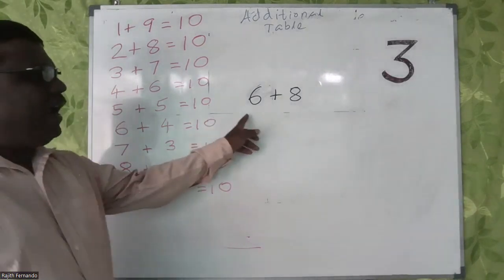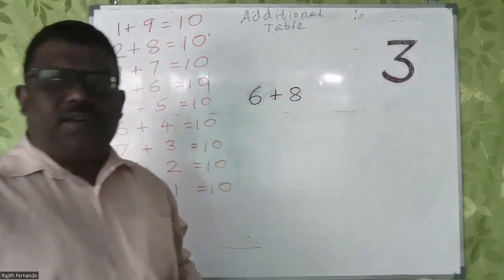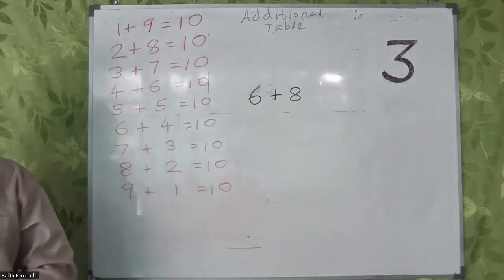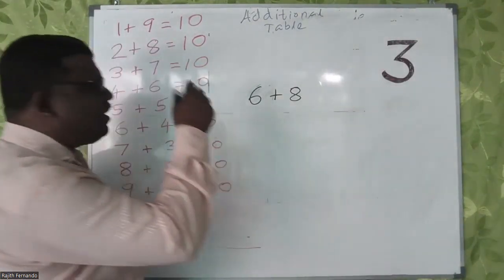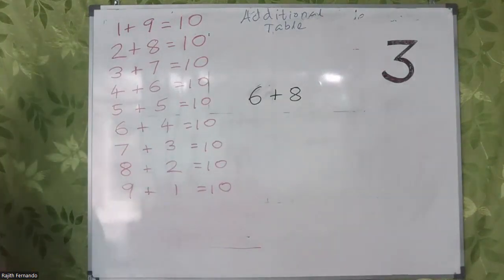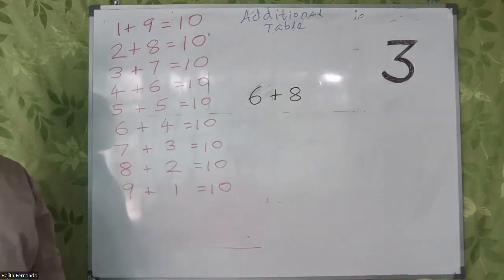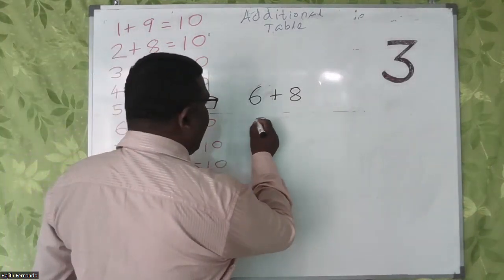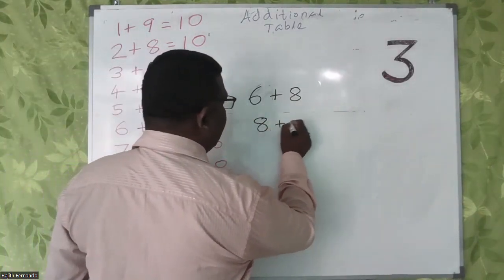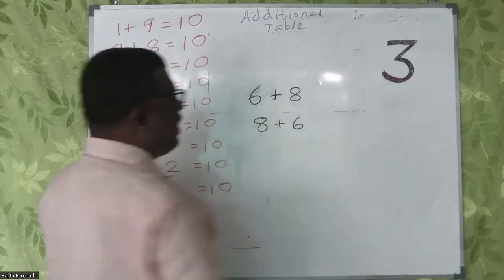You should not add 6 to 8. You should add 8 to 6. If you are given 6 plus 8, then try to add 8 plus 6. Then easily you can get the answer.